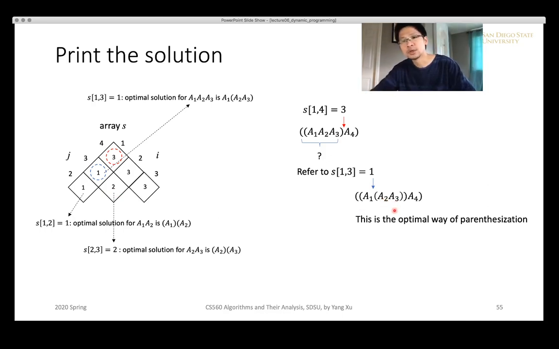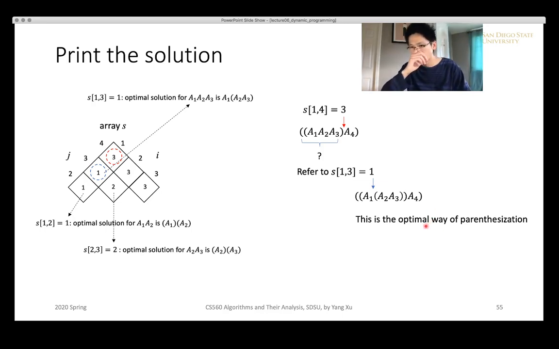Okay, so now we know that the solution is put A2 and A3 into parentheses and group the results with A1 into parentheses and lastly times it with A4. And this is exactly the optimal way of doing the parenthesization for the inputs of A1 to A4.